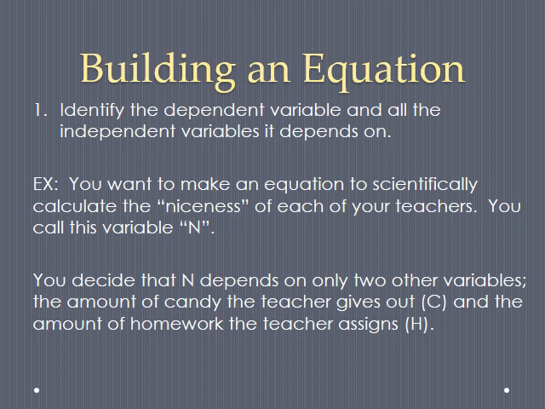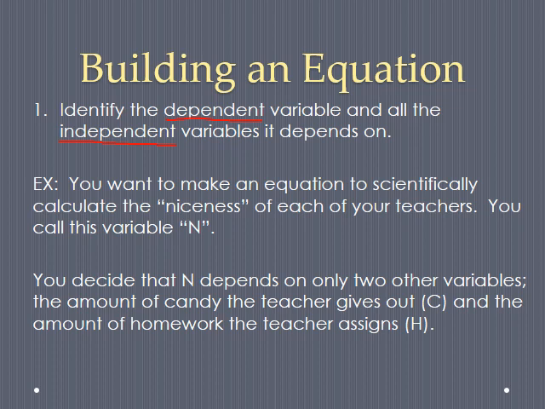So the first step in building an equation is to identify the dependent variable and all the independent variables that it depends on. So for example, let's say it's the first day of school and you want to make an equation to scientifically calculate the niceness of each of your teachers.